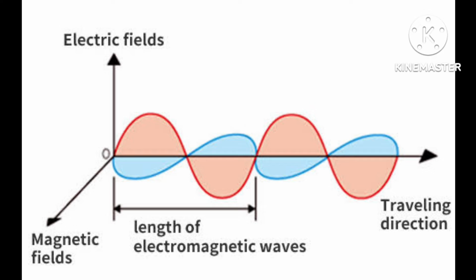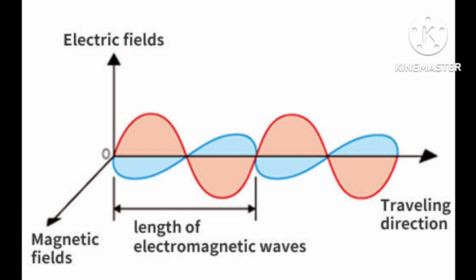The first property of electromagnetic radiation is that the oscillating electric and magnetic fields produced by oscillating charged particles are perpendicular to each other and both are perpendicular to the direction of propagation of the wave, what I have told you.